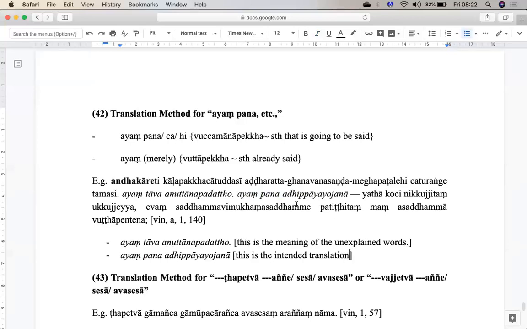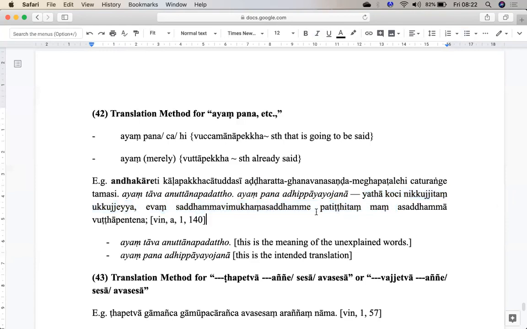Intended translation. So this ayan refers to later expressions, from yata to blah blah, and yata to the, and so on. Yata goji, neko jitan, oko jaya, ewan sada, and so on. Many paragraphs we can find in the original text.